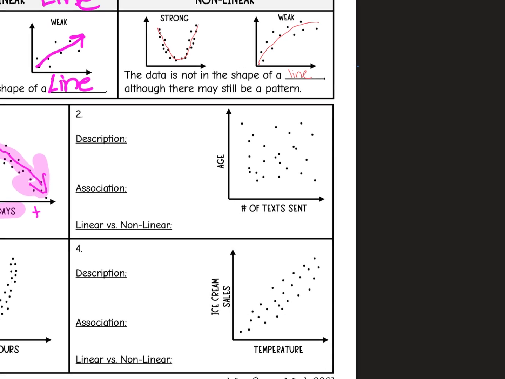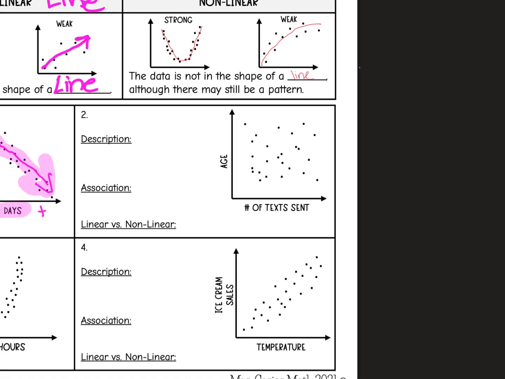Now here, the first thing we want to do is look at the scatter plot. Let's look at our X and our Y axis so we can see the variables we are looking at, to see if there's any association or pattern. Here I'm looking at the number of texts sent, that's my X, and my age. So we're trying to see the association between the number of texts sent and the age.